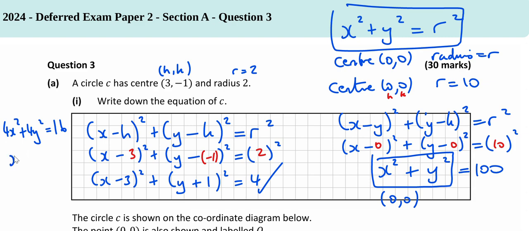Divide by 4 throughout and you get that the centre is (0, 0) and r squared is equal to 4, so r is equal to 2. Take the square root of this side, r, and of this side, 2. So just be careful of that.